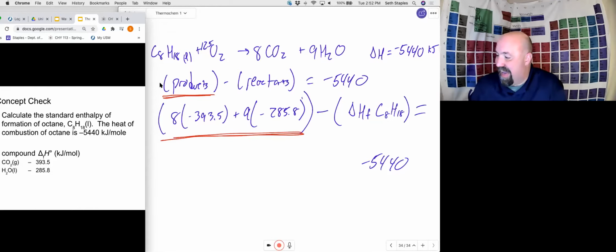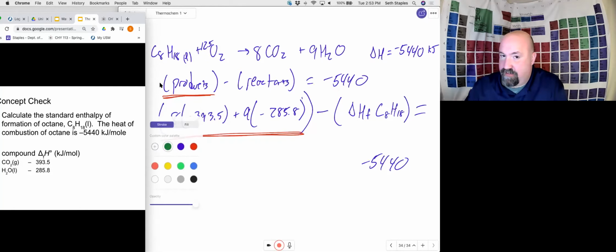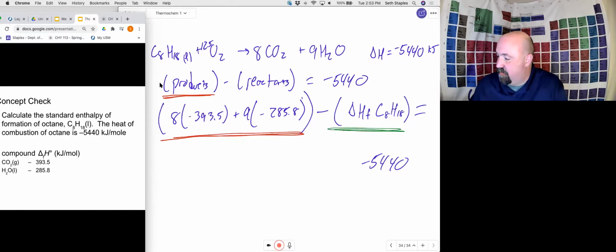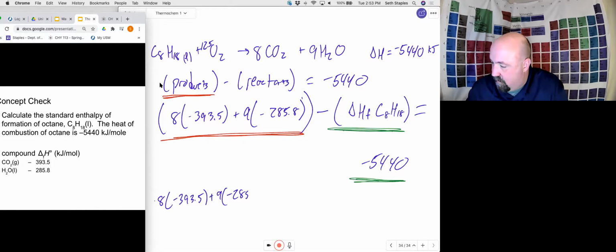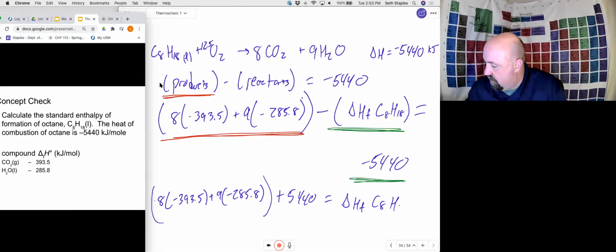And so if we add our delta HF value to both sides, and add this to both sides, then what we come up with mathematically is 8 times negative 393.5 plus 9 times negative 285.8 plus 5440 is going to equal our delta HF of C8H18.